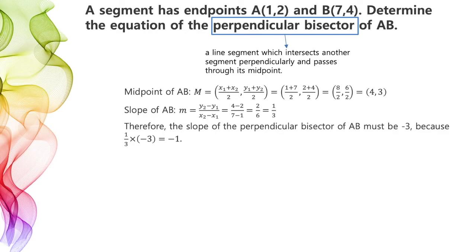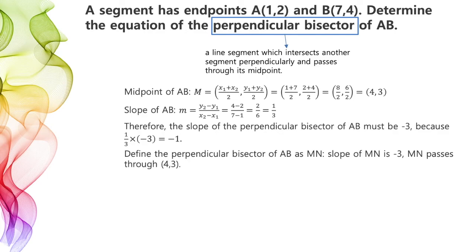Now let's set the equation of MN to be y equals mx plus b. Well, we know the m because it is the slope, so we can fill that in. But now we need to find the y-intercept of MN, which is b. We know that M is a point on the line, and of course we know the coordinate of M, so we can plug that into the equation, swapping x with 4 and y with 3.